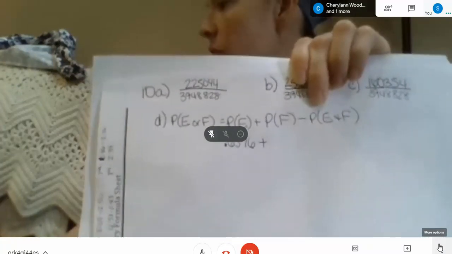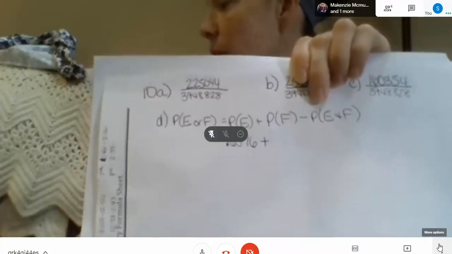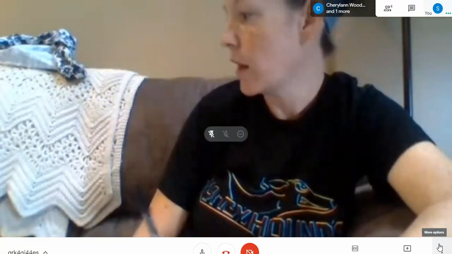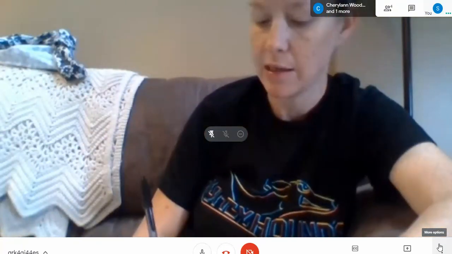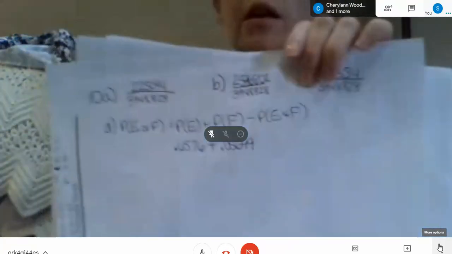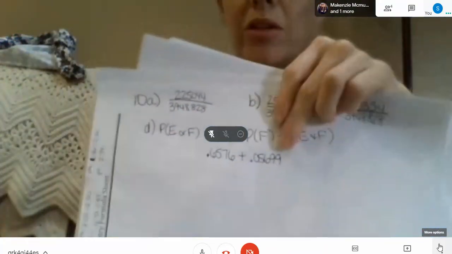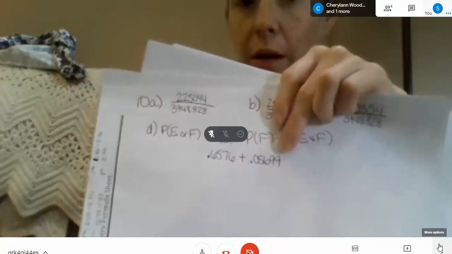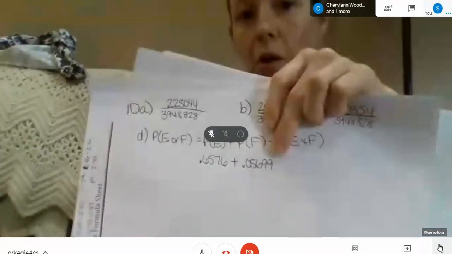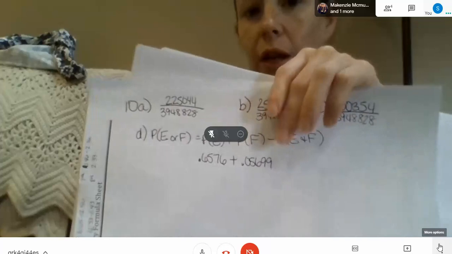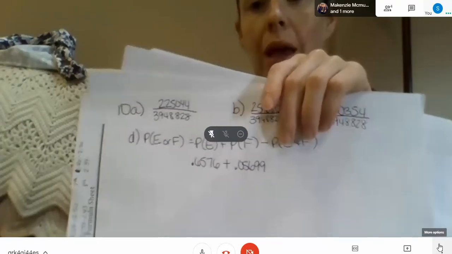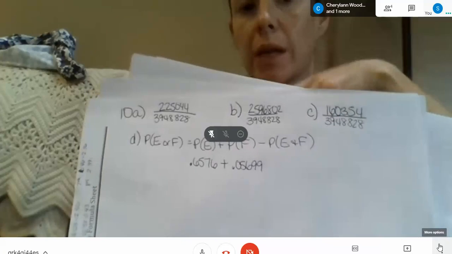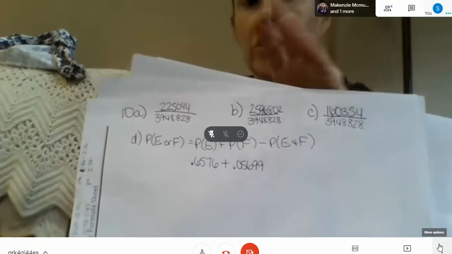Okay. Then the probability of F, that's the probability post-term. We did that in part A. And when you divided those, you should have gotten 0.05699. This is why showing your work is so important, because you might have rounded that to 0.057. As long as I have the decimal and I know how you rounded it, if your final answer is slightly different than mine, I won't count off. I just have to know where you got your numbers. So please, because there is rounding error, show me as much work as you can here.